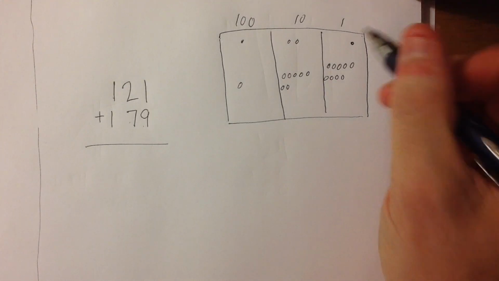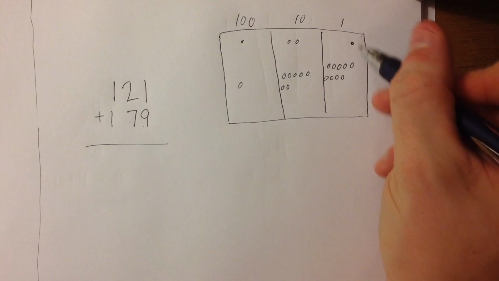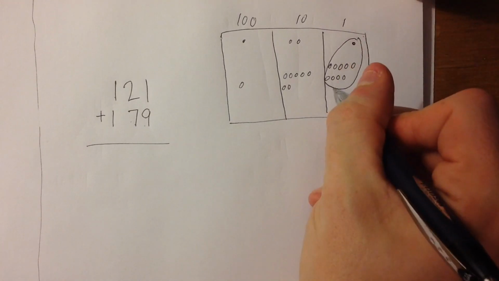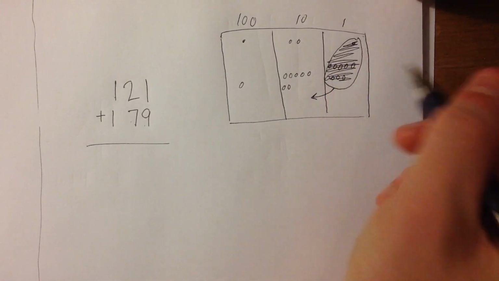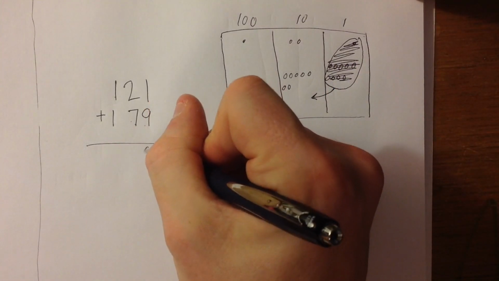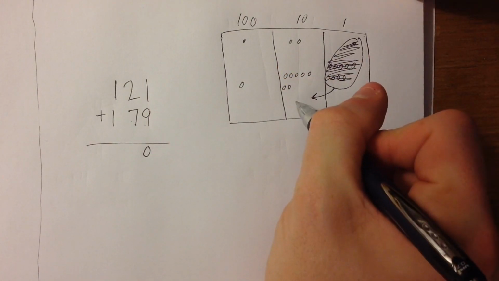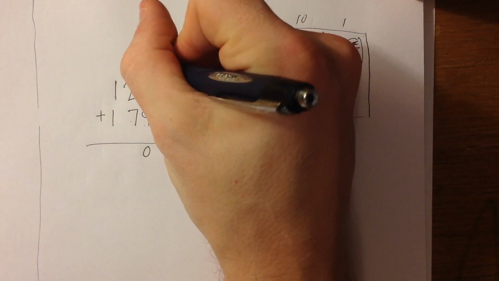We add them together. 1, 2, 3, 4, 5, 6, 7, 8, 9, 10. Okay, so we know we can group these and carry them over. We can say bye Felicia to these and draw a 0 under here. But because we're carrying 1 over, we're turning these 10 ones into 1 ten. We're going to write a 1 up here.